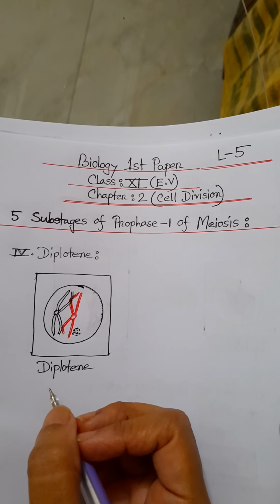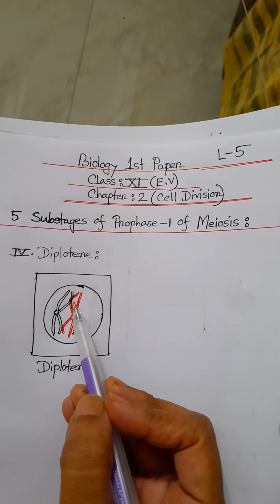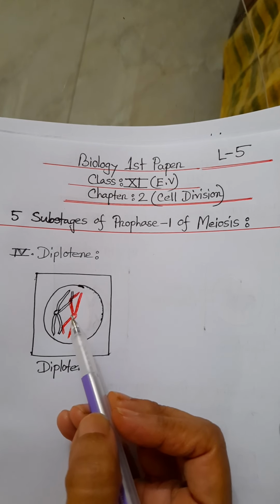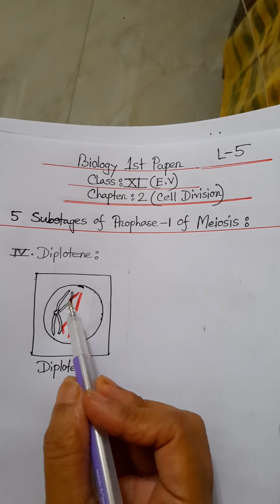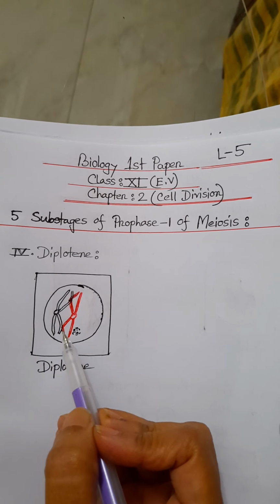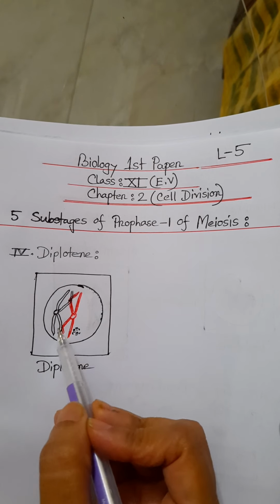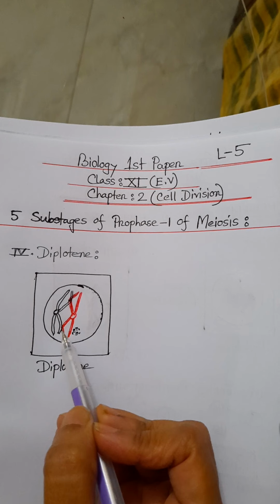There is repulsion between the chromosomes of the bivalent. The chromosomes tend to migrate to the opposite poles, here one pole and another pole, but are obstructed at the points of chiasma. Here you can see the X-like structure known as chiasma.